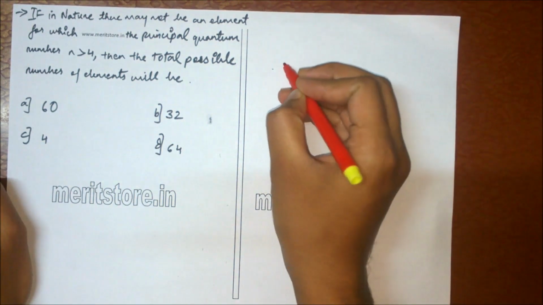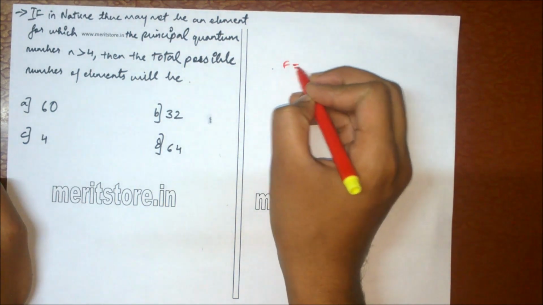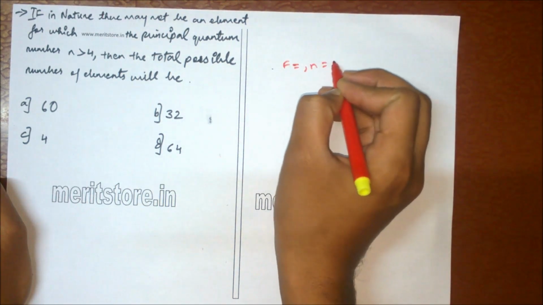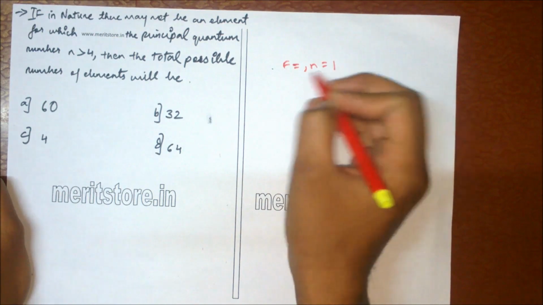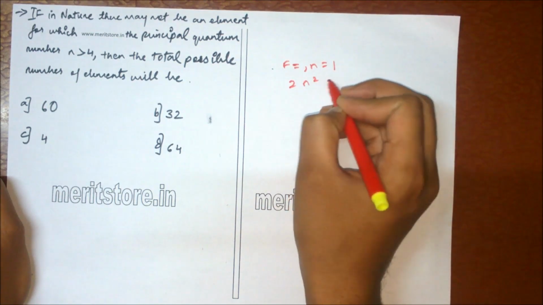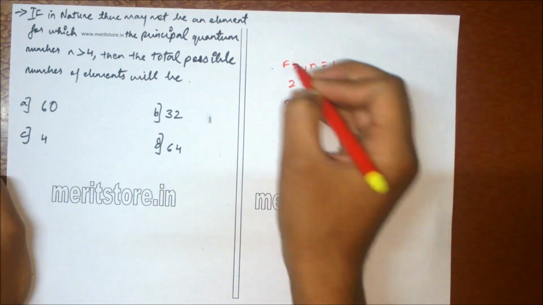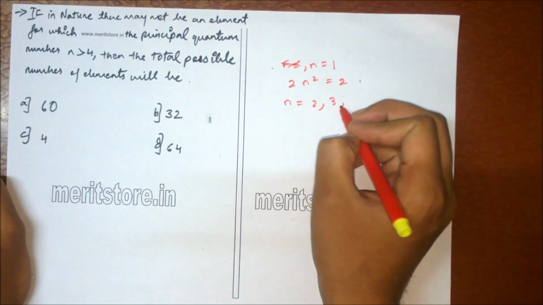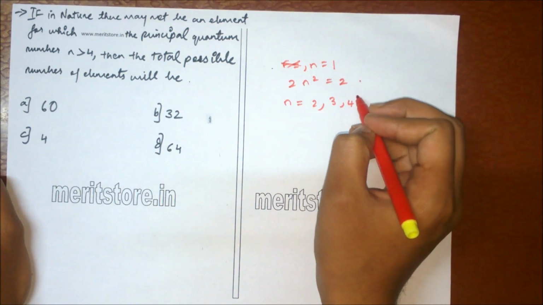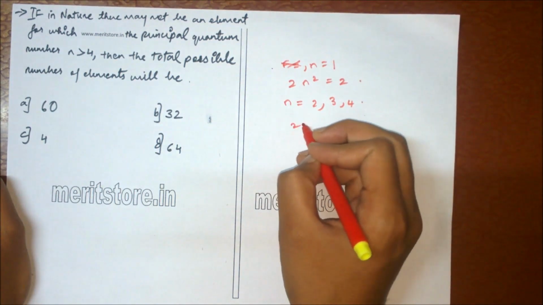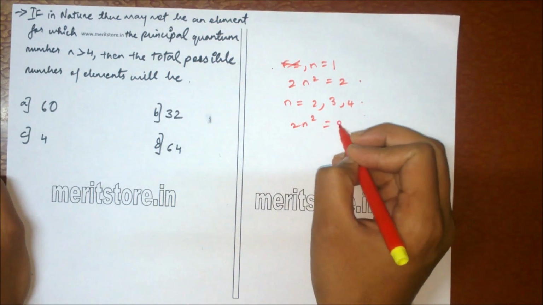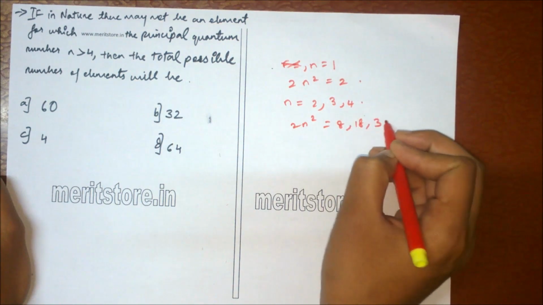So for n is equal to 1, the maximum number of states will be 2n square, which is equal to 2, and for n is equal to 2, 3, 4, the maximum number of states of 2n square will be 8, 18 and 32 respectively.